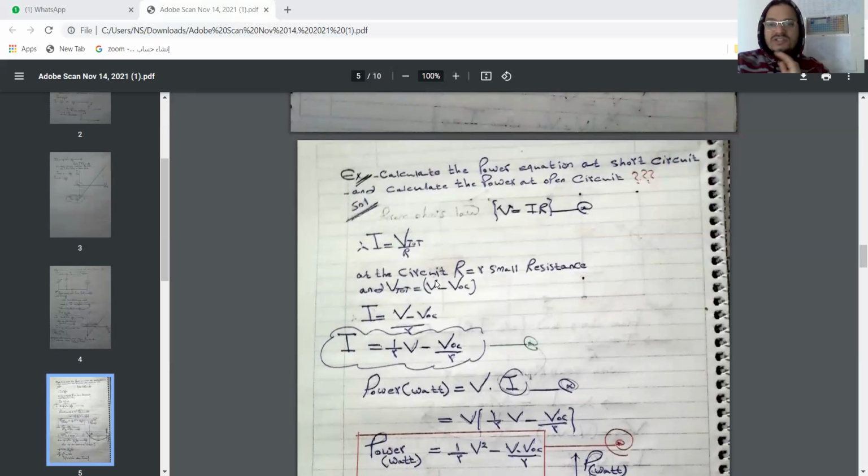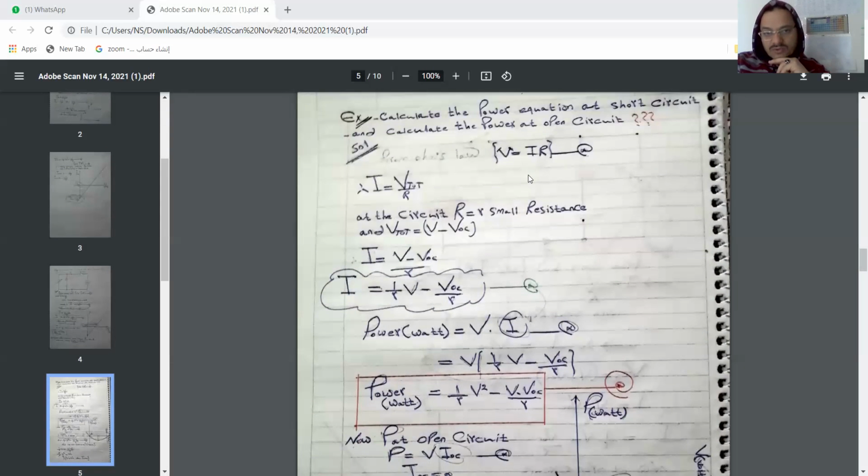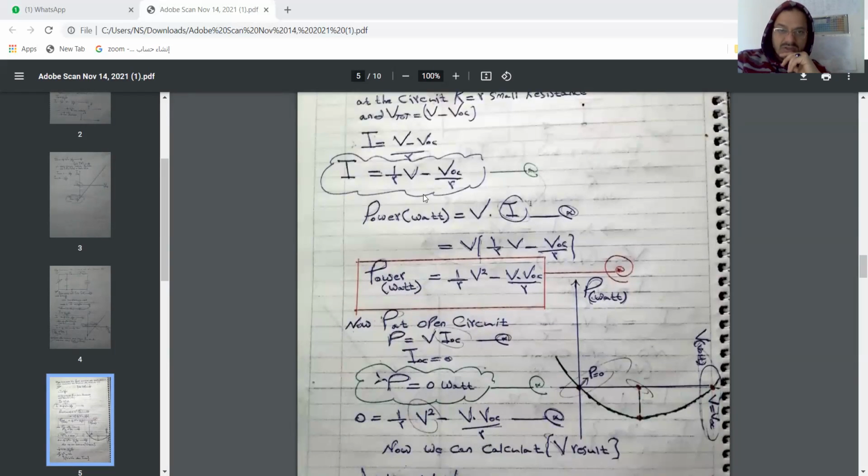Now calculate the power equation at short circuit. Like we know, power means current times voltage, and we also calculate the power at open circuit. At short circuit, by using Ohm's law, I equals V total divided by R. At the circuit, small resistance r, V total equals V minus VOC.